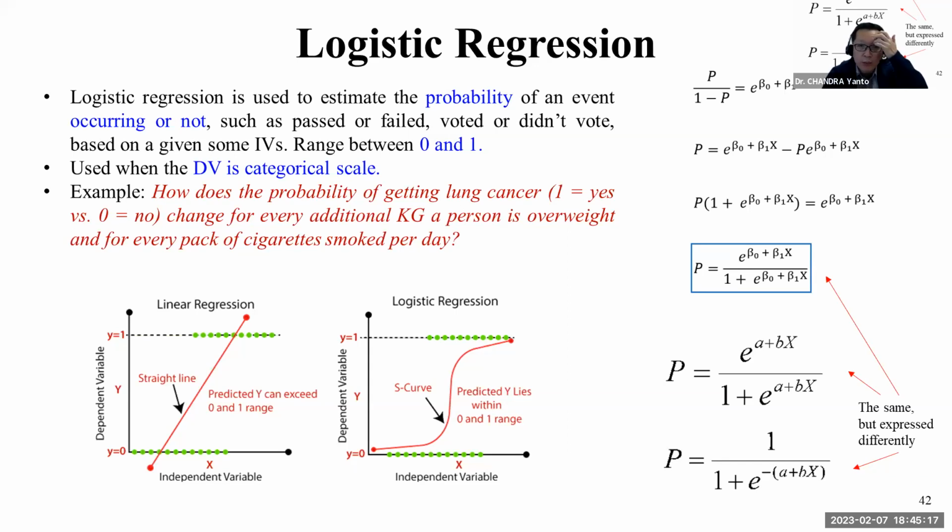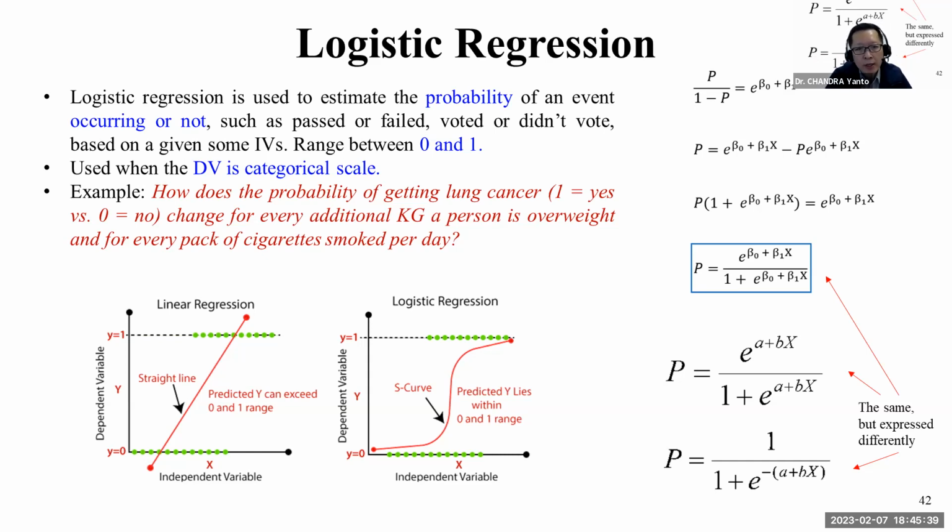Like you want to predict what would predict someone to die or live long? What would predict someone to have a cancer, high or low? What would predict a company to be very successful or not so successful? So if your variable is that type of categorical, then logistic regression is the best method.